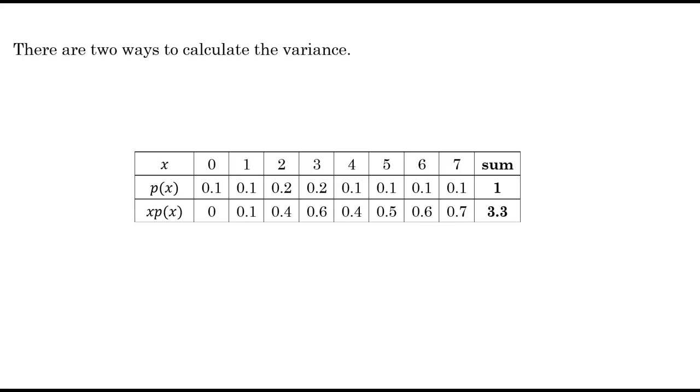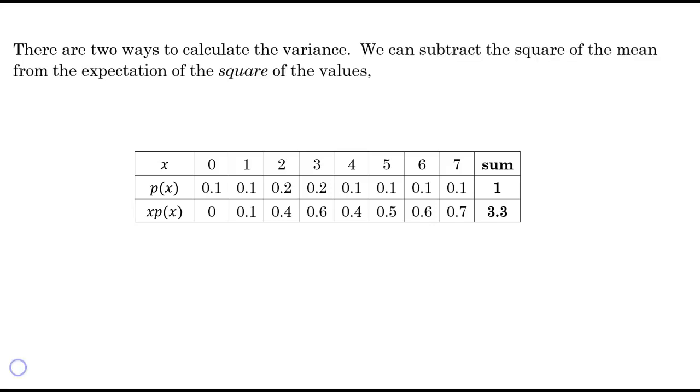So when we calculate the variance, there are 2 ways we can go about it. They both require that previous calculation of mean. Now in one case, we find the expectation of the square of the values. So I square each x value, and then I multiply it by its probability.